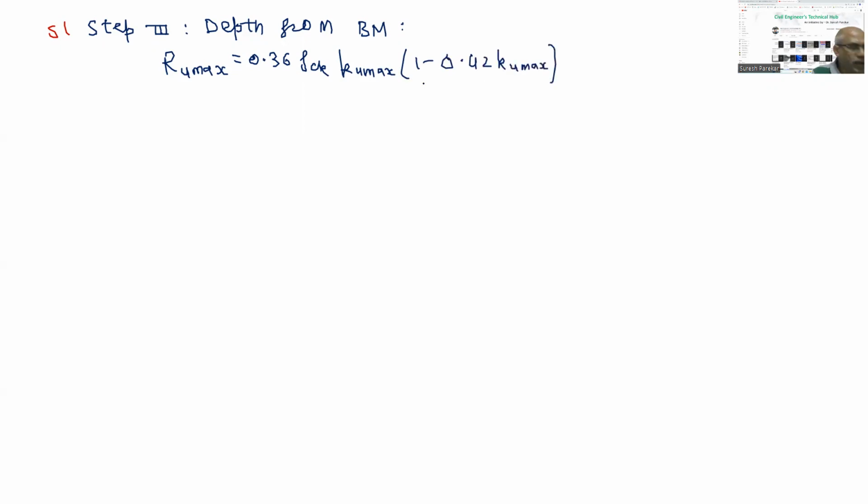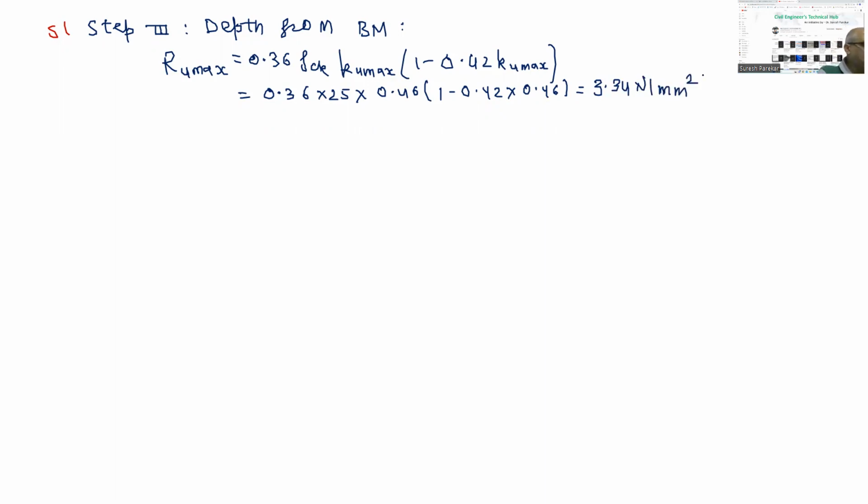And as we have M25 and FE 500, so we have this value 0.36 into 25 into 0.46, 1 minus 0.42 into 0.46, and we will get this value 3.34 Newton per mm square.